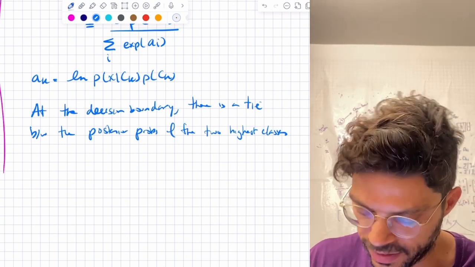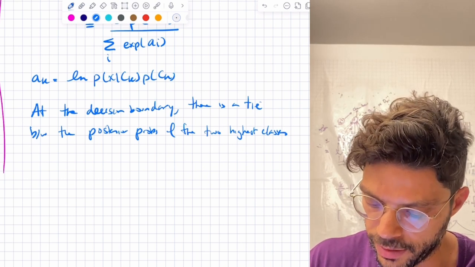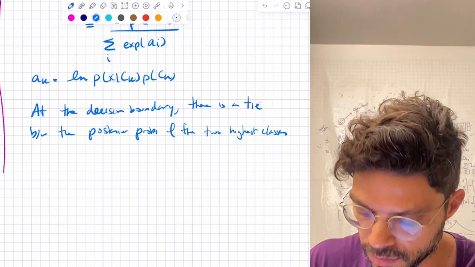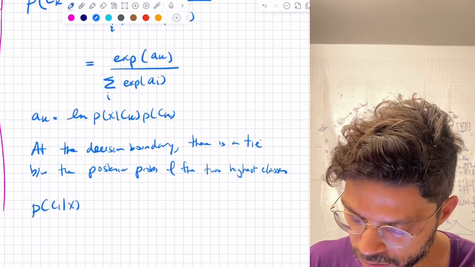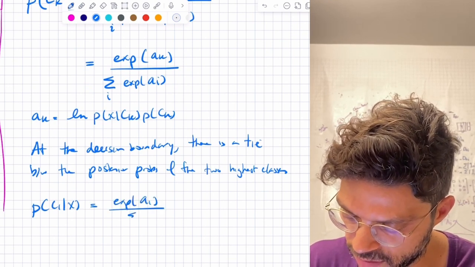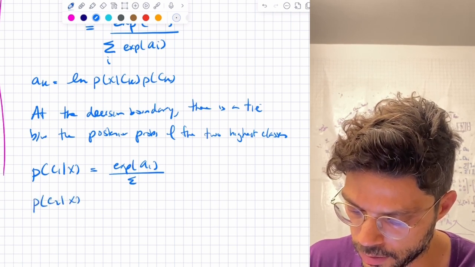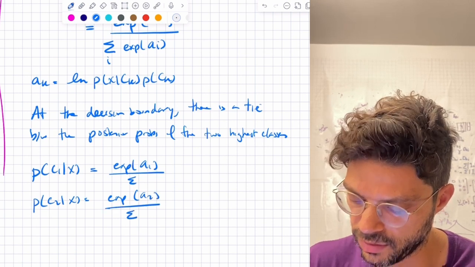Let's say they just happen to be class 1 and class 2. Let's find the points where those probabilities are the same. P of C1 given X is going to be exp of a1 over this sum, which is not going to matter in a moment, and P of C2 given X is going to be exp of a2 over the same sum.